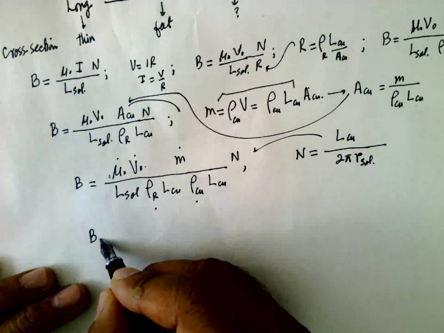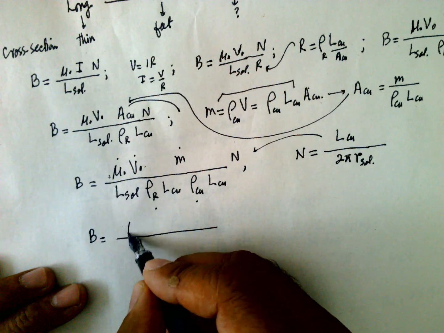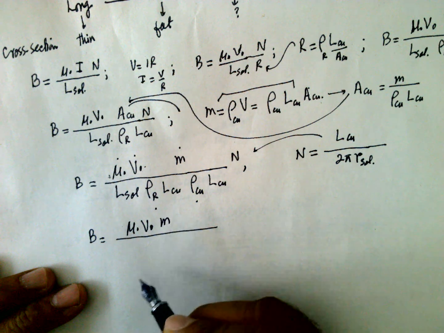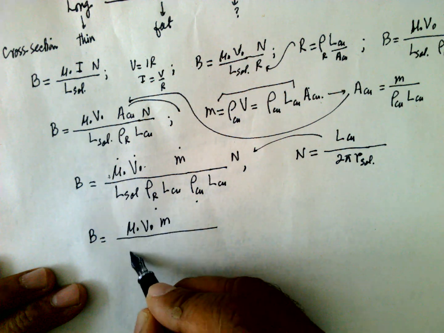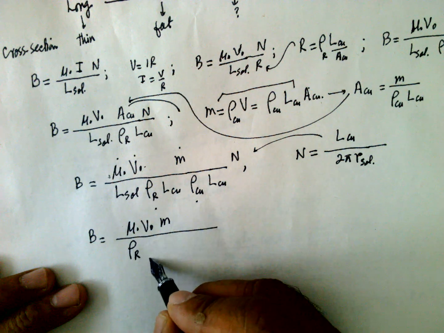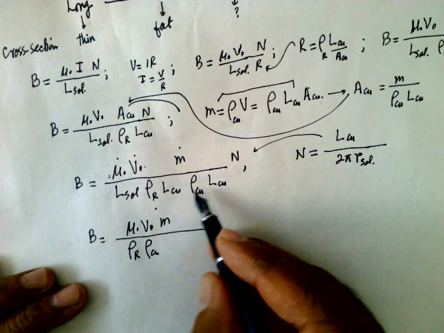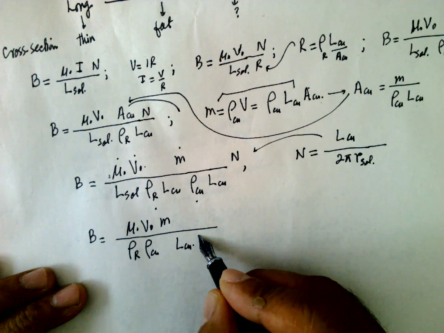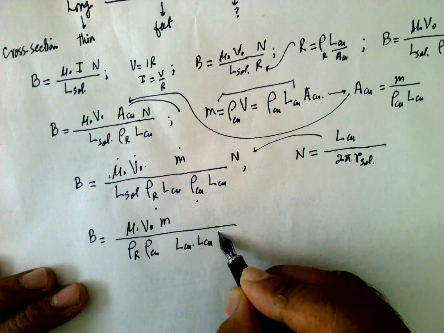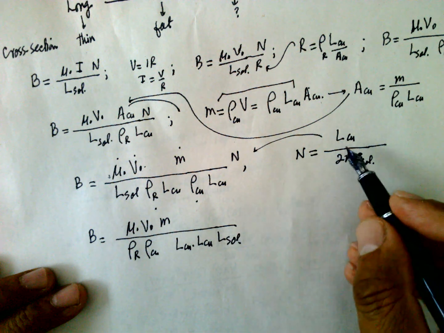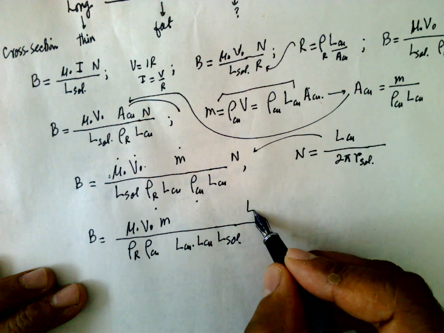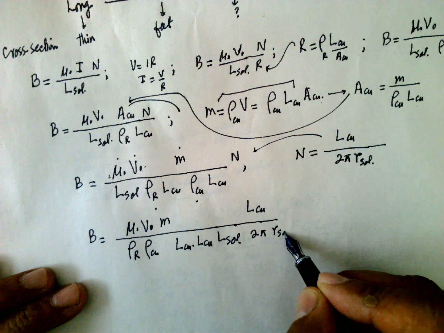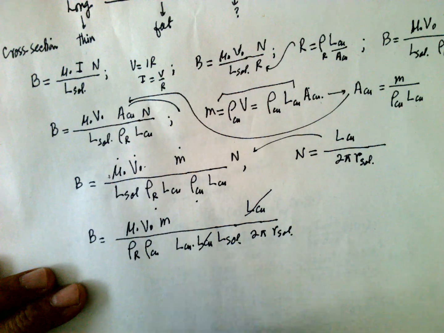Then B is equal to mu naught V naught M over resistivity, density of the copper, L squared of L copper, times L solenoid, times N, and N is L copper divided by 2 pi R solenoid. This cancels.